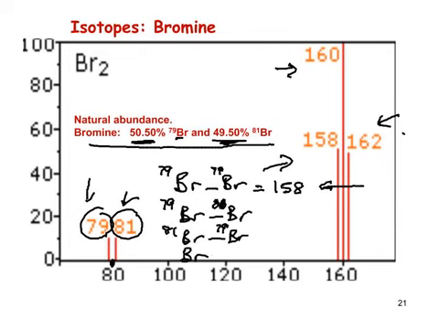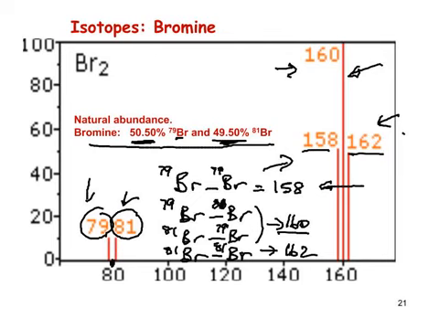And then you could also have bromine where they are both 81s. You can see here that these both come out to be 160. This one comes out to be 162. And statistically, you can see why this one has the tallest of the peaks. But you're not likely to be examined on that in any detail.